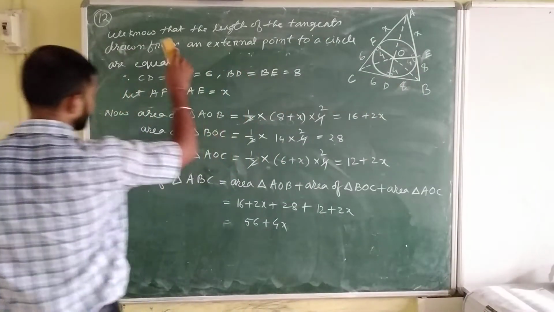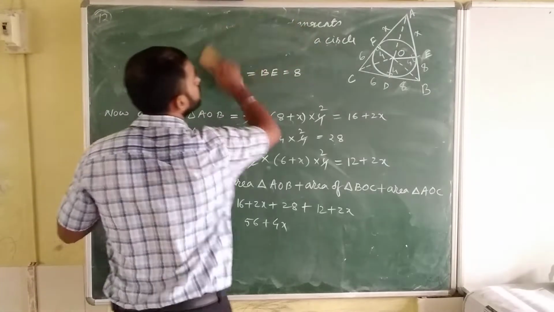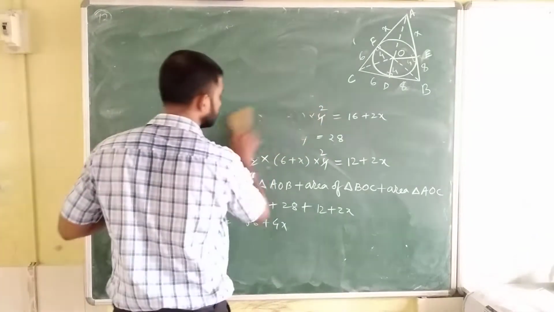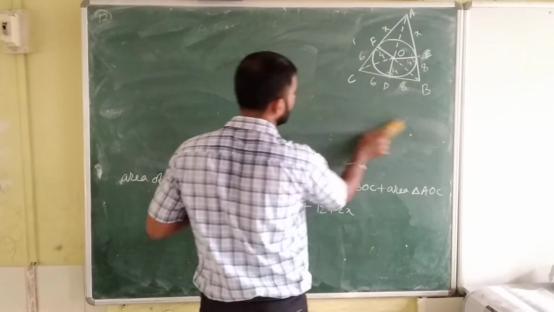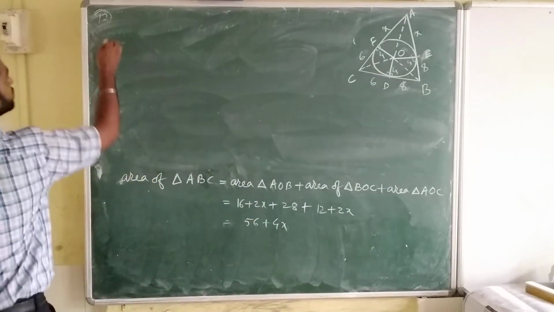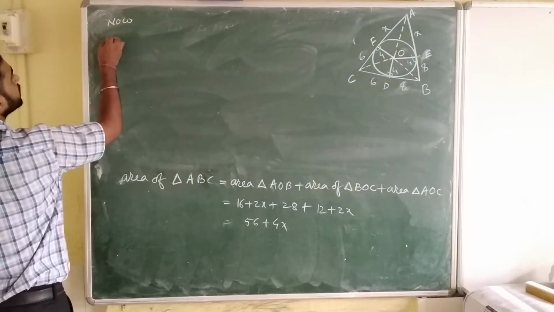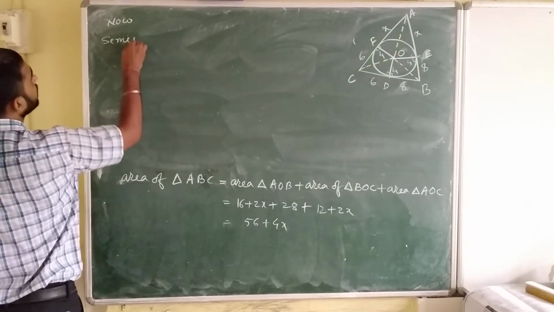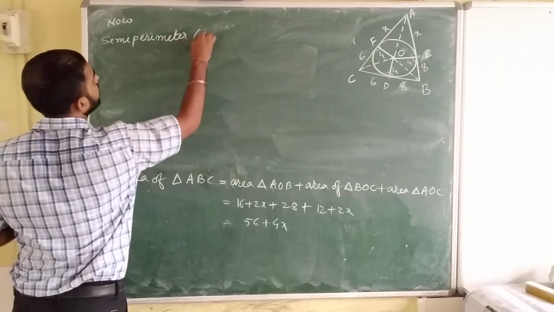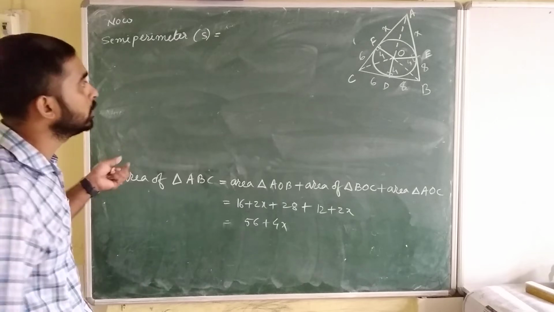Now, semi-perimeter, it is S. In Heron's formula, we use the semi-perimeter. S equal to what?